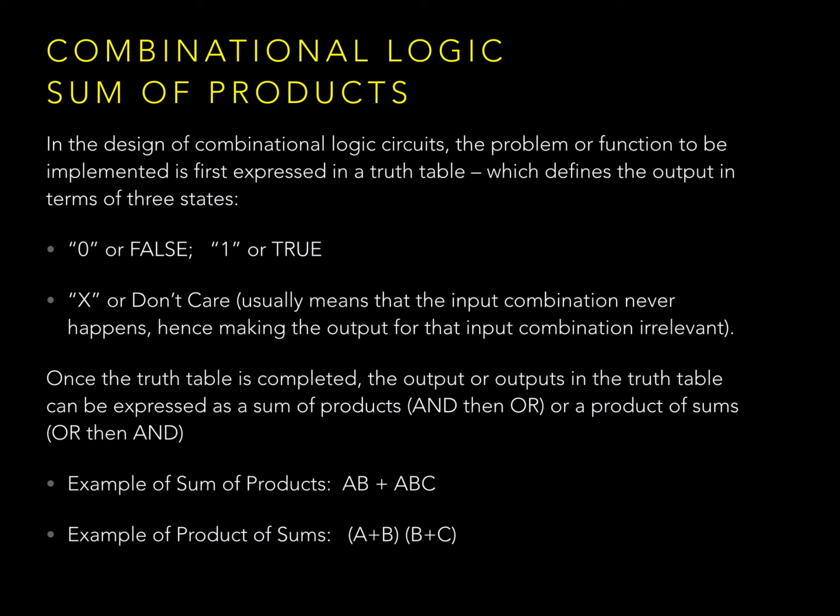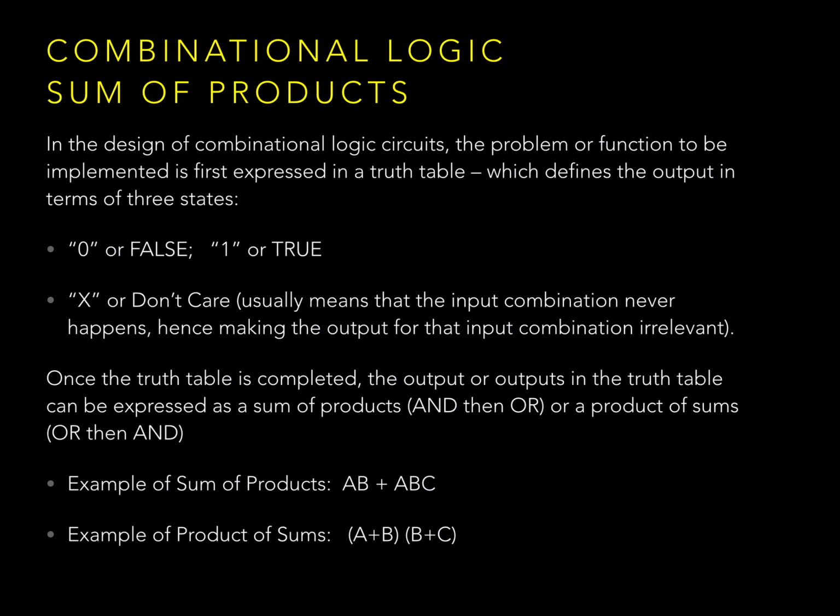The sum of products expression allows us to express all the information contained in a Boolean function or in a truth table using first AND functions and then OR to come up with the sum of products.